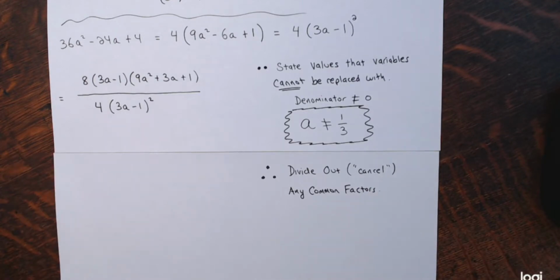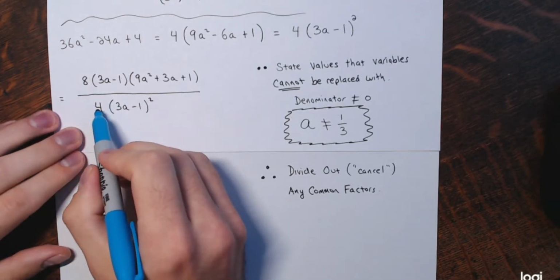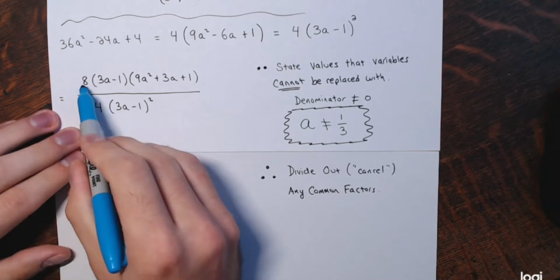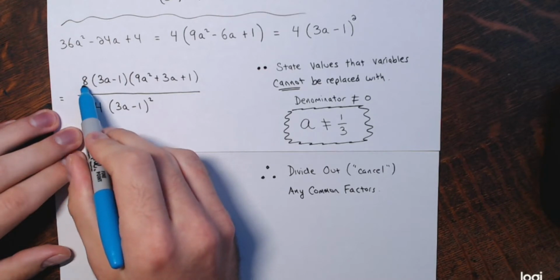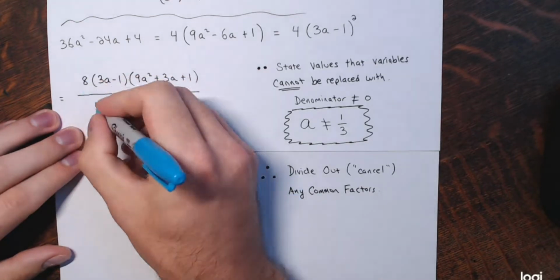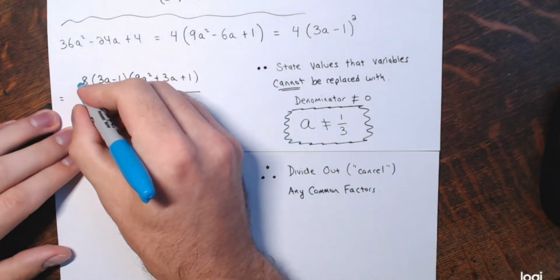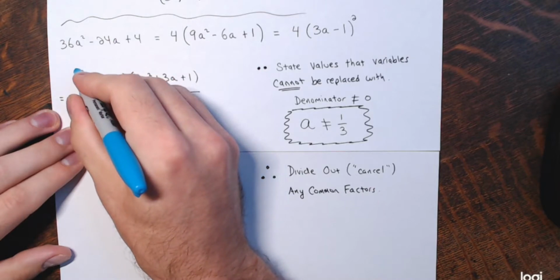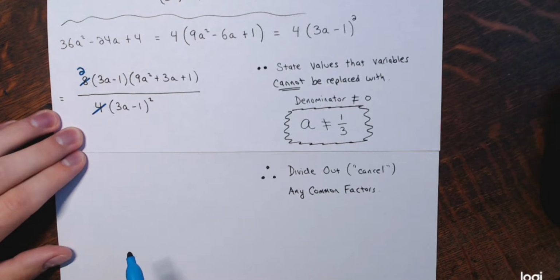So looking at this, now you could break down 8 and 4 some more if you wanted. 8 is 2 to the third, 4 is 2 squared. But you notice that 4 is a factor of 8. So 4 is a common factor. 4 would cancel here, but 8 is 4 times 2, so I'd be left with a factor of 2.